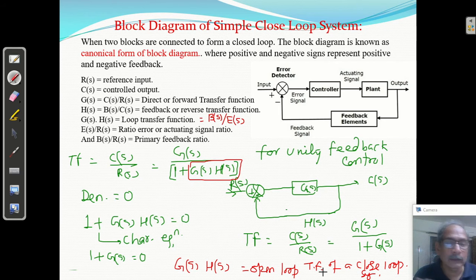Generally this question can be asked by the examiner in oral: what is the open loop transfer function of a closed loop system? That is G of S into H of S.